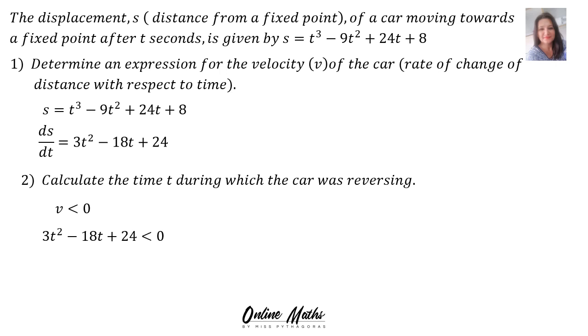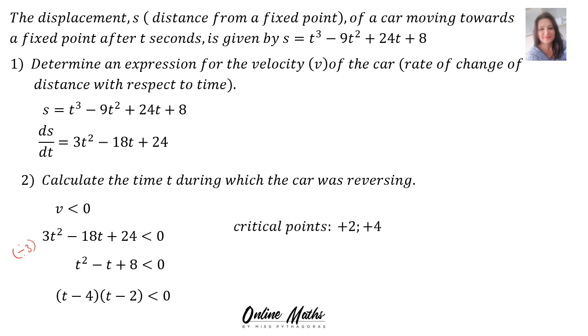What I will do is divide right through by 3 and I end with t squared minus 6t plus 8 is smaller than 0. Can you see this is an inequality? Then we will factorize: t minus 4, t minus 2 is smaller than 0. To deal with this inequality, we will find the critical points, and they are at 2 and 4.